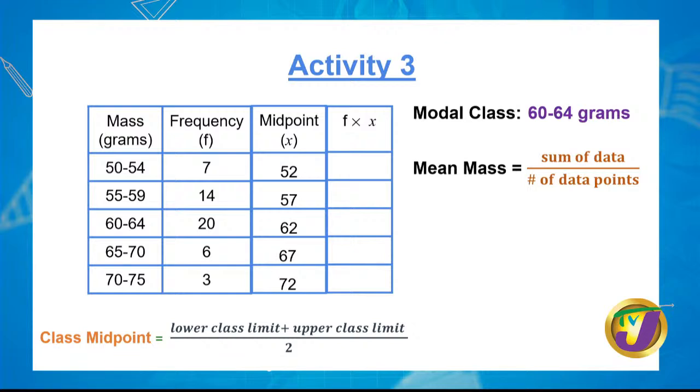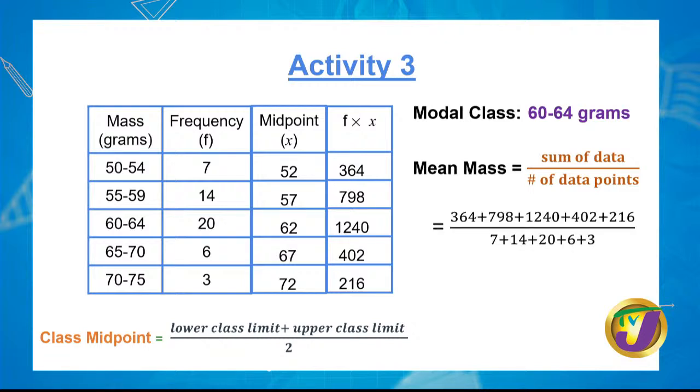Right, and so we are now finding F times X to get the total mass for each interval. Yes. When we multiply our F and our X's, these are the values that we get. But you're realizing that we are just getting the values for each class, so we still need to find the sum of the entire data set. Yes. So we'll add up the values from our F times X column. We already know that the number of carrots is 50, but we're still adding the frequency to show that it is 50.